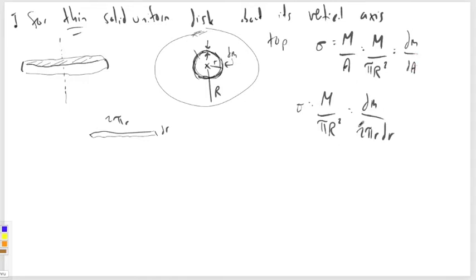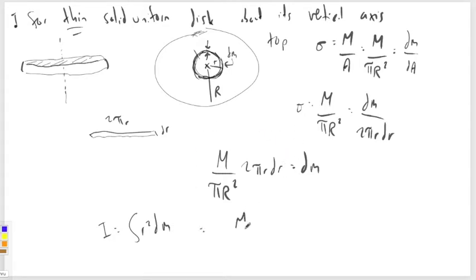So I rearrange this and I get that m over pi big R squared, big R the total radius of the thing, times 2 pi little r dr equals dm. And now I'm ready to actually do my integral. I equals the integral of r squared dm. Well, I've just said that all this equals dm, so I can pull out all my constants.